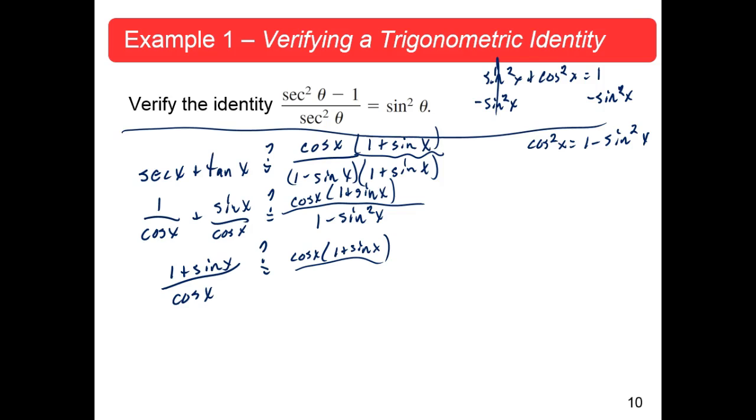What's our new denominator there? Cosine squared x, right, okay. Now what can we do?